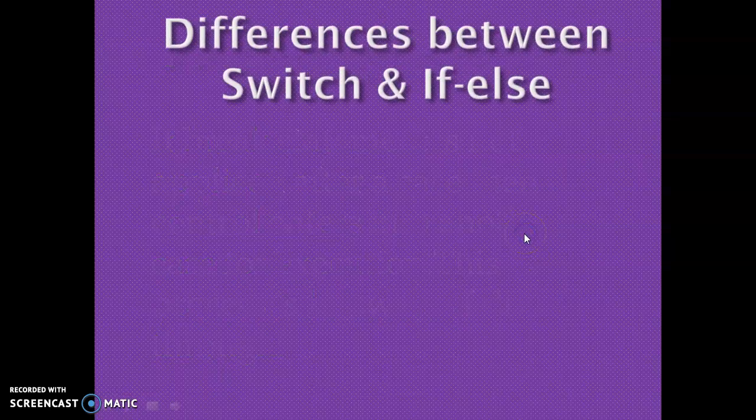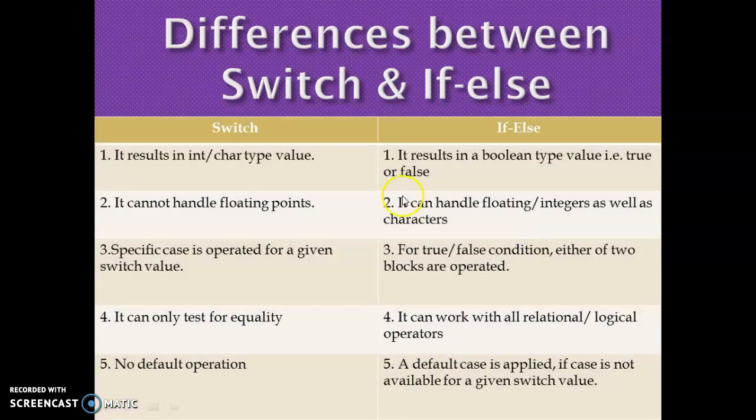Then come to the last section of my video, which is the differences between switch and if-else. So here is a switch and here is an if-else. First point: switch results in an int or char type value.